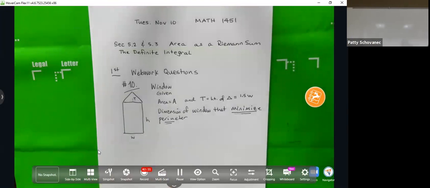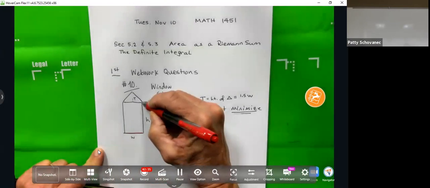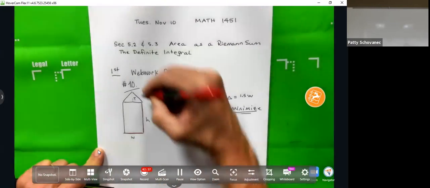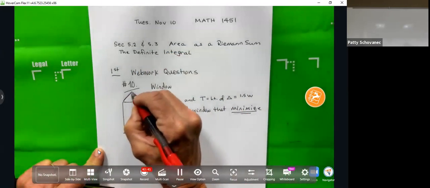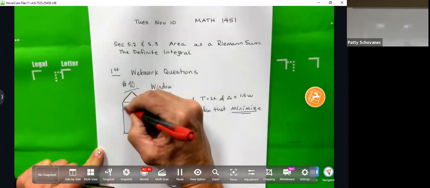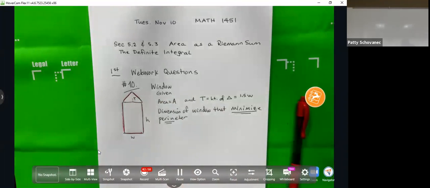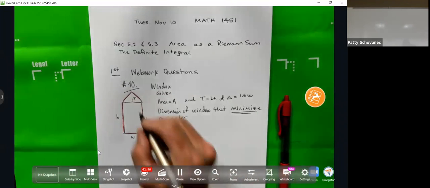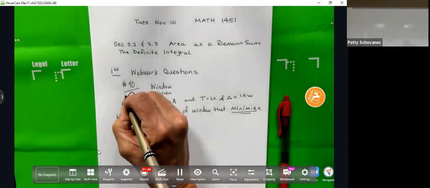We have everything labeled here except we got a W here, we got an H there. We're going to have to stick some sort of variable here and here. I'm assuming that that's an isosceles triangle at the very least. And then that is H. And so for now, let's just stick the variable X over here.